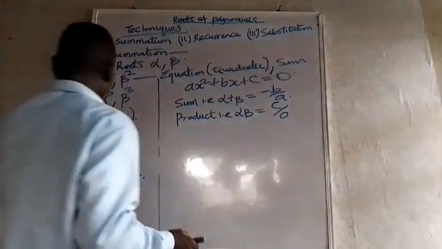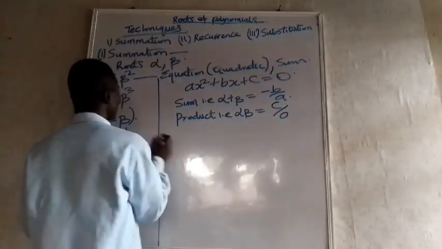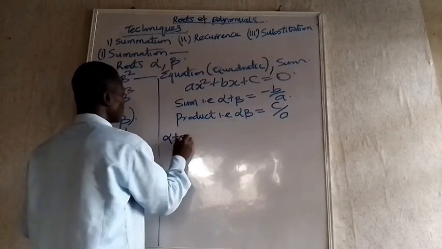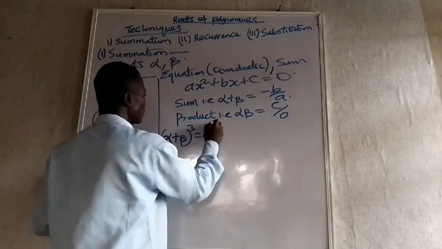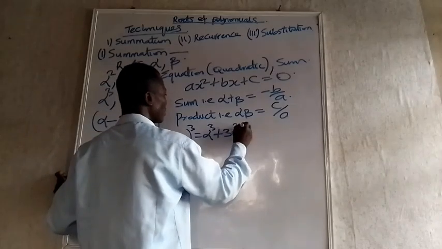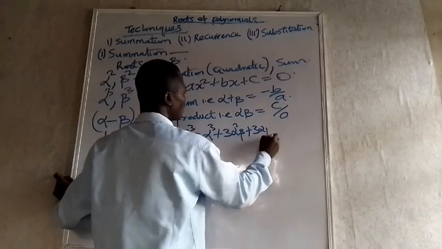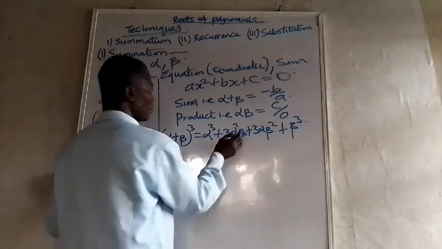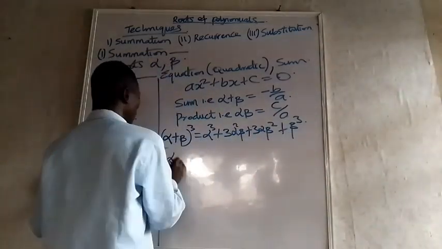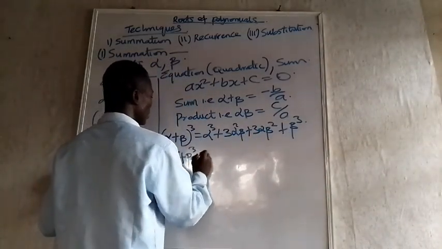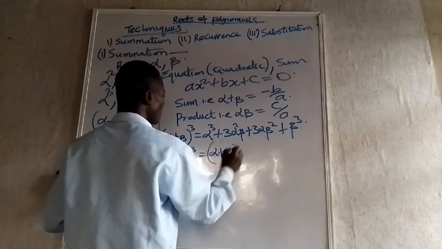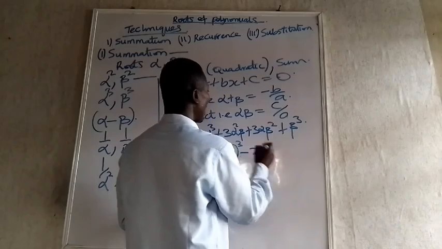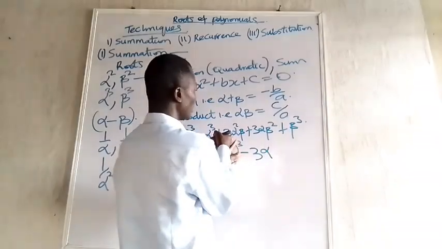Now, if it is for cube, all I need to do is alpha plus beta cubed is equal to alpha cubed plus 3 alpha squared beta plus 3 alpha beta squared plus beta cubed. And from this, I can find alpha cubed plus beta cubed. So alpha cubed plus beta cubed is equal to alpha plus beta all cubed minus 3 alpha beta, you can see it is common, times alpha plus beta.